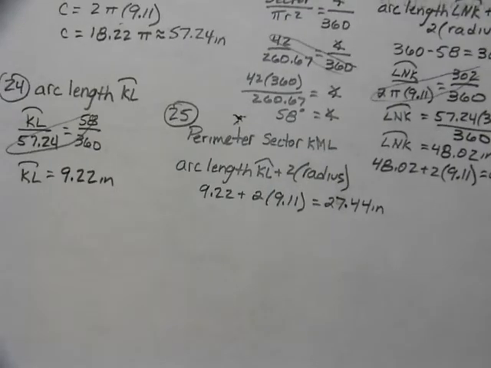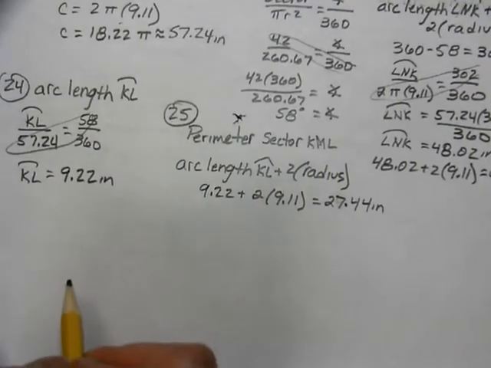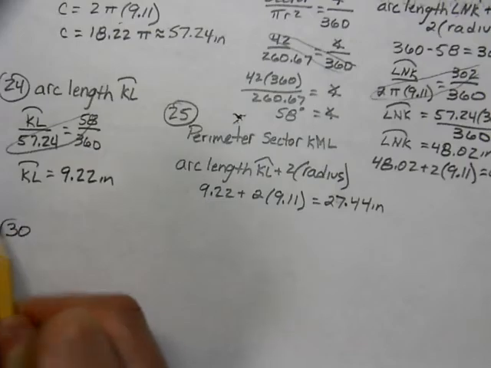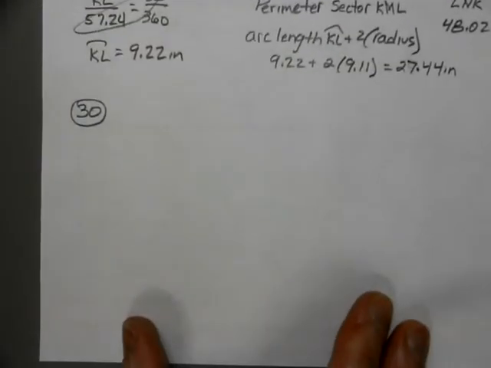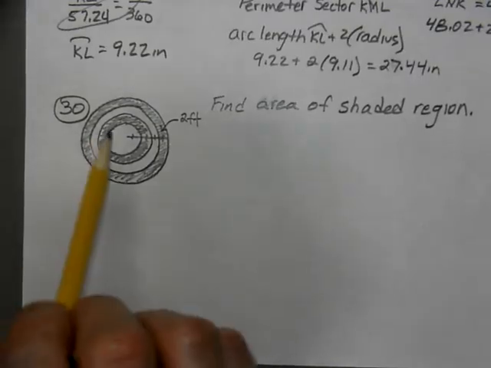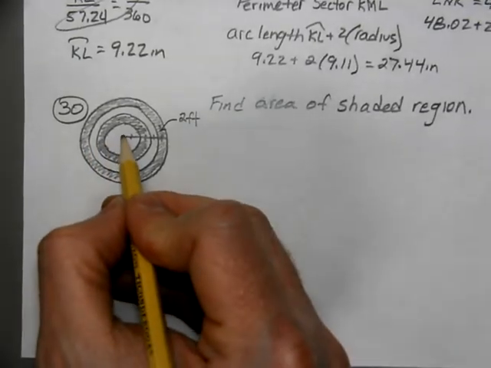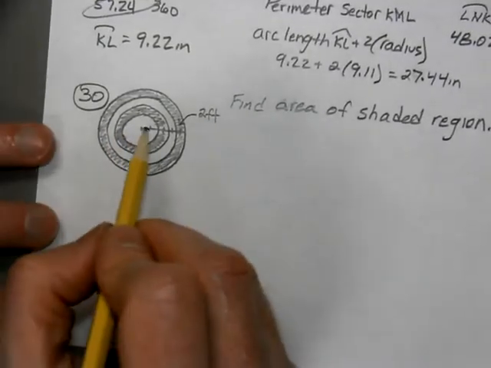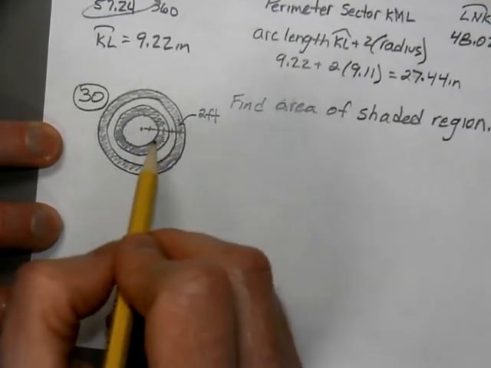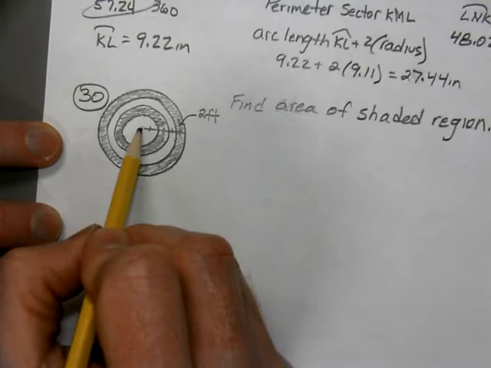Last question is number 30. With number 30, we start out with the circle, and we have these concentric circles. That means circles inside other circles, all with the same center.